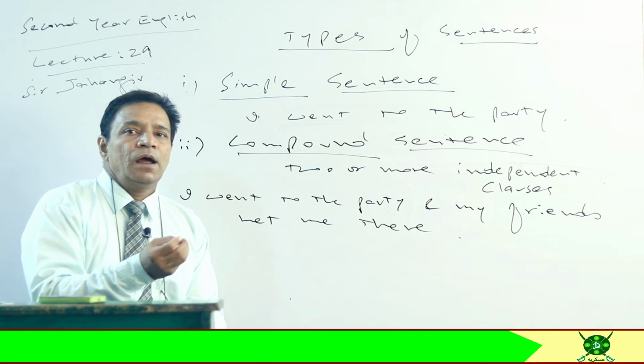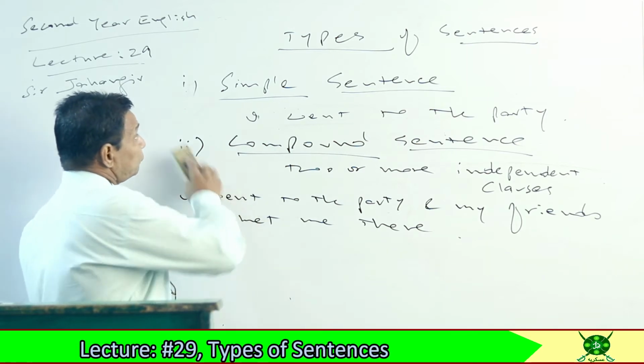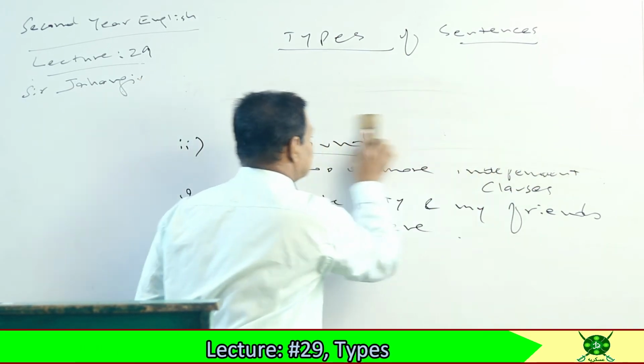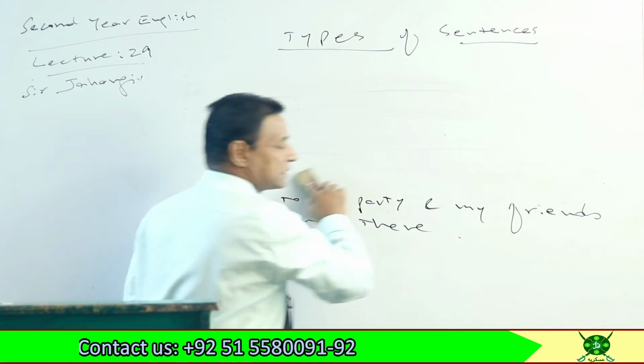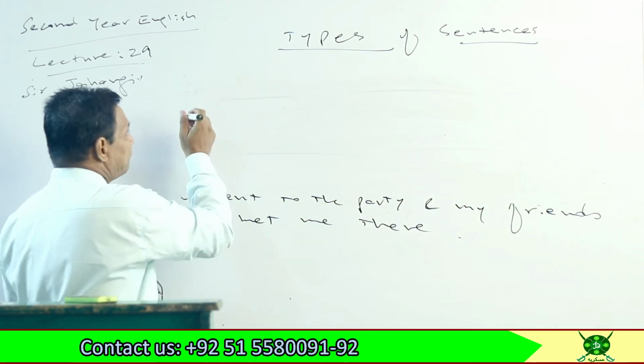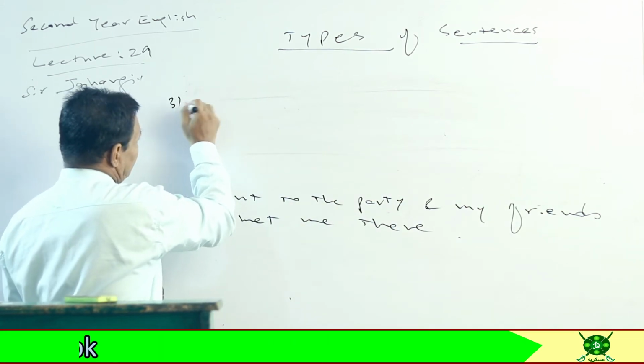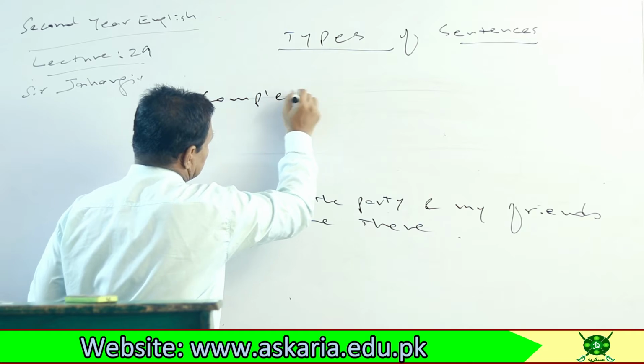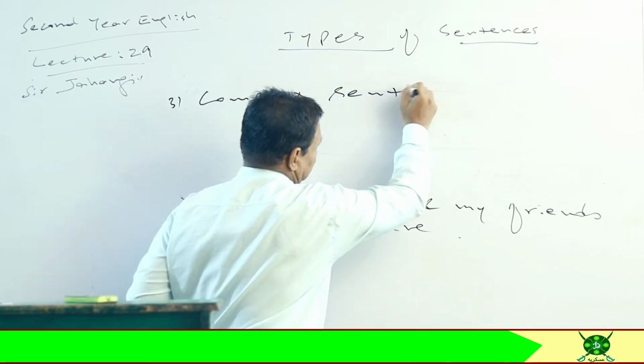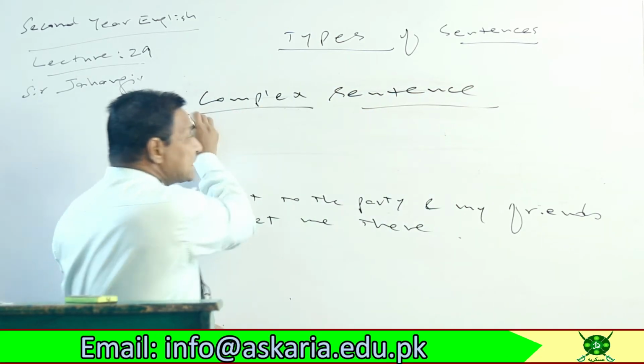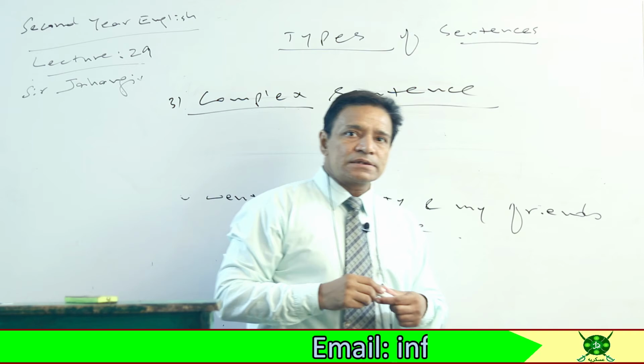All right, the next one is the complex sentence. The third kind is the complex sentence. What is the main thing?